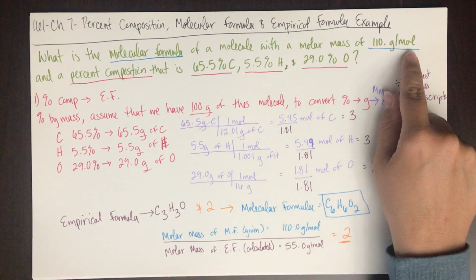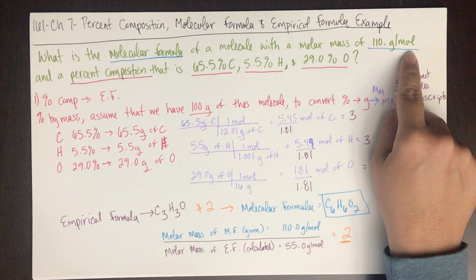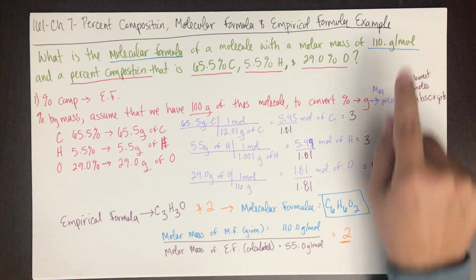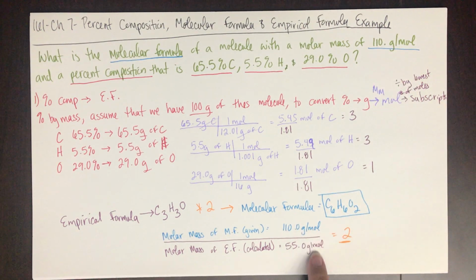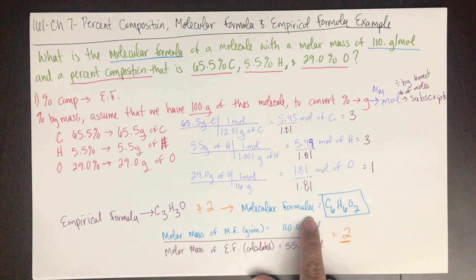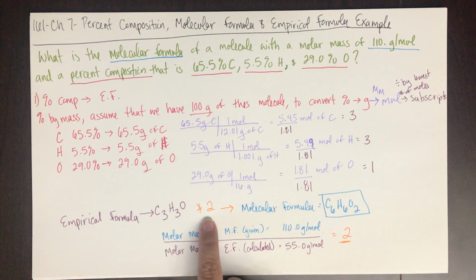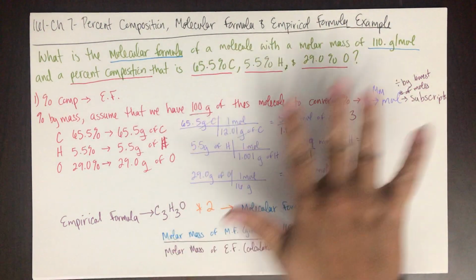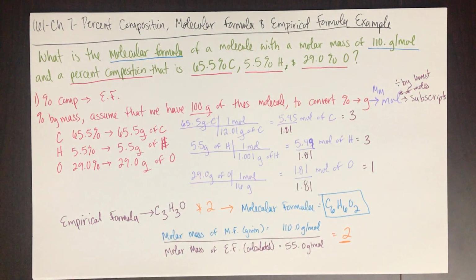Then you'll use the given molar mass of the molecule to see the factor by which the empirical formula is related to the molecular formula. You will multiply by that factor, and that will give you the molecular formula. This is something that you'll see again. You will be given similar information to what's given in this problem and asked to solve for the molecular formula.